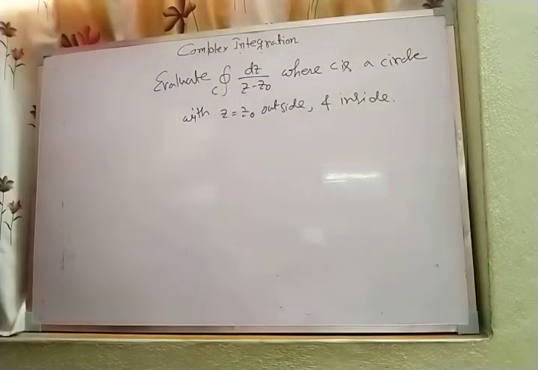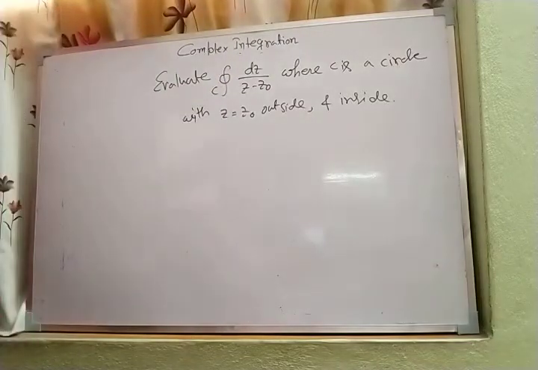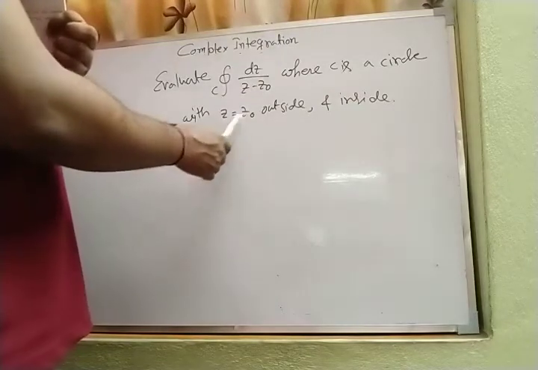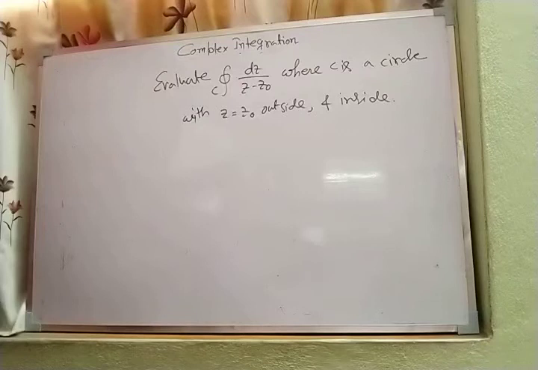So the value of this integration you have to find out when C is a circle, when z equals to z0 is outside and another point is inside.